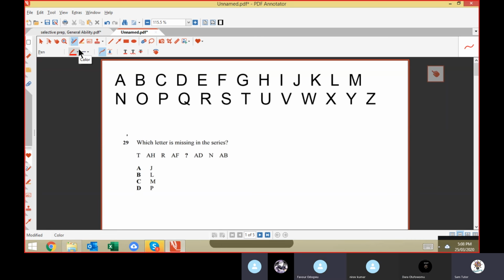Got it. Good. I just used your method. Now that you realize you can, it looks like if you were skipping one, T, I, R, something, N. Did we all get P? Yep, got it. Good job.